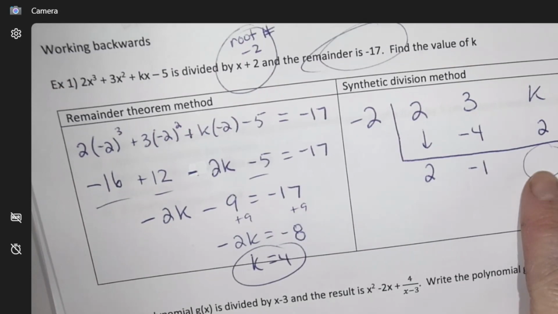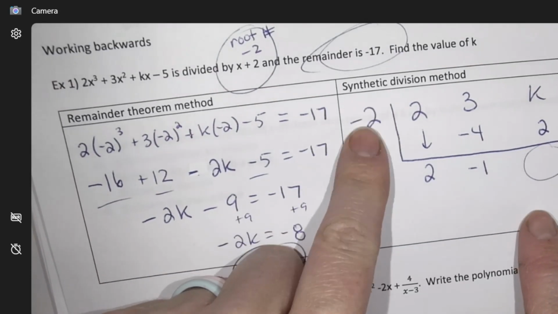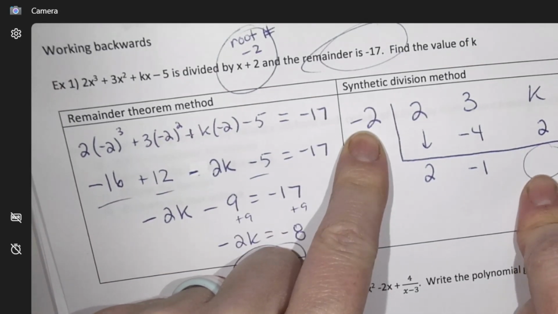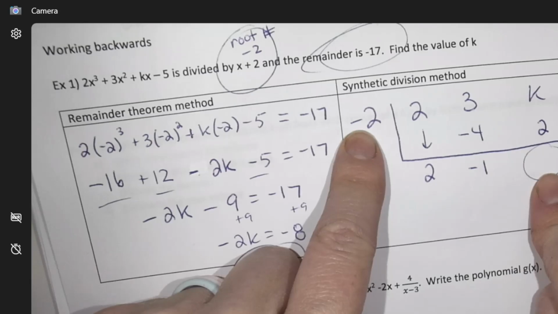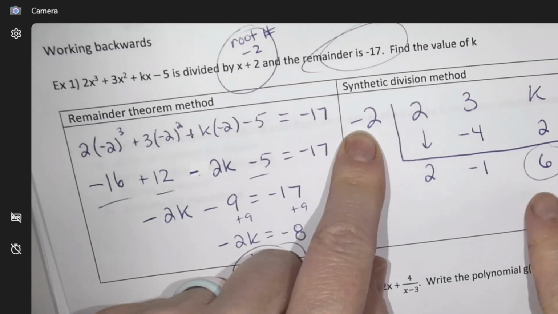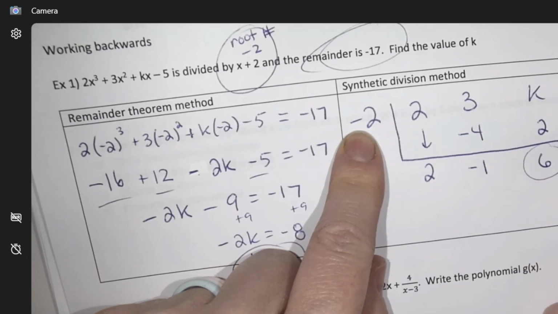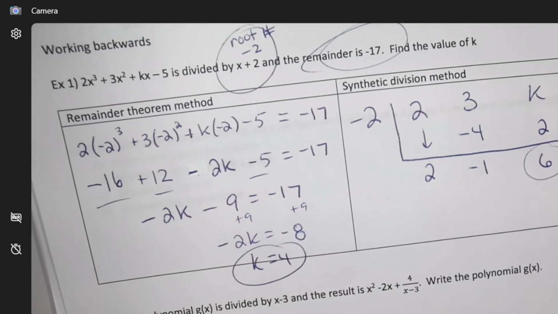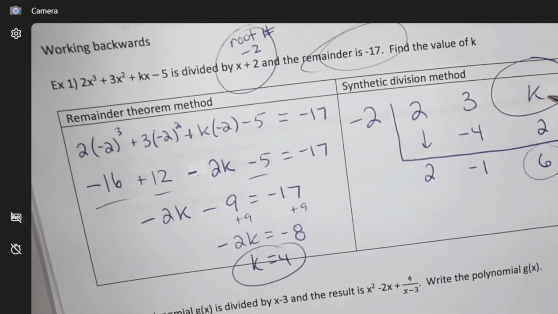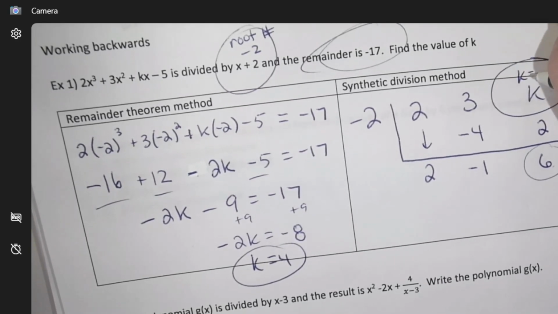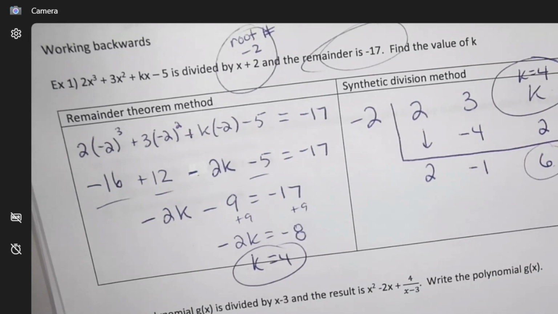Okay, what would I need in this position? Because this times this would get me to -12. -2 times 6 gets you to that. Now, what plus 2 is 6? And there you go, 4. We got to the same answer.